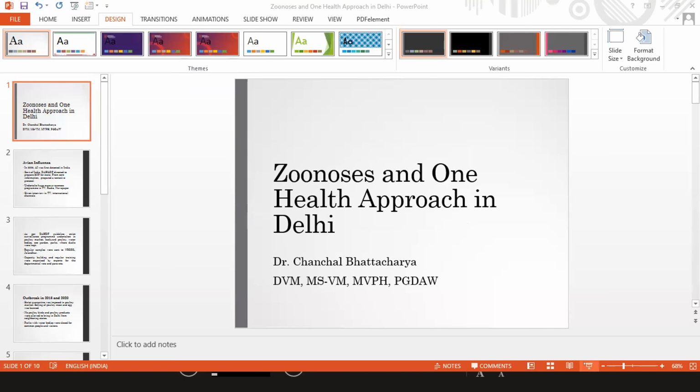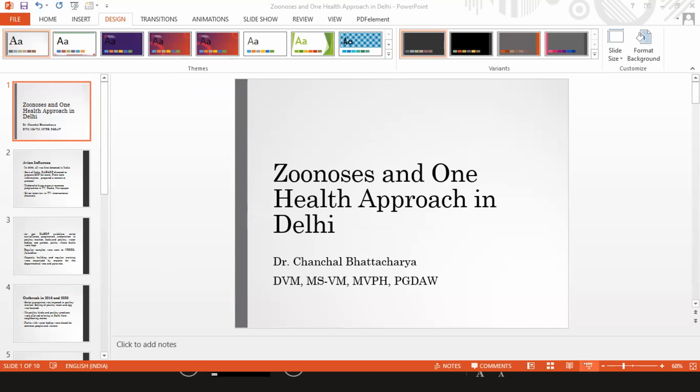A gazette notification was made and a monitoring committee was formed under the chief secretary. Yes, this is the first time a multi-sectoral approach for control and containment of zoonotic disease was made in Delhi. The Chief Secretary took a very serious view of this outbreak, and under the chairmanship of the district magistrate in every district, a multi-sectoral team was formed, with the medical authority, veterinary authority, environment and forest authority, PWD, and Delhi police.